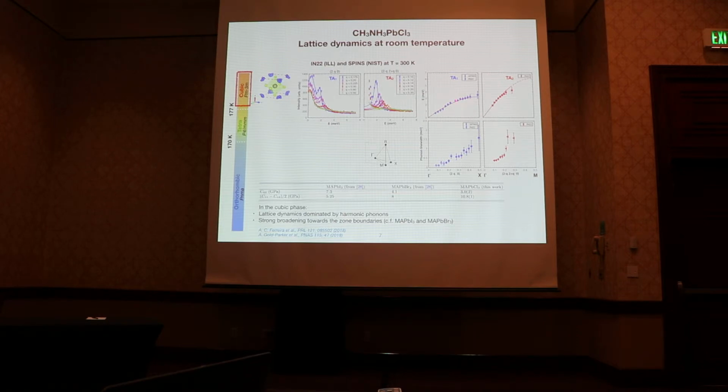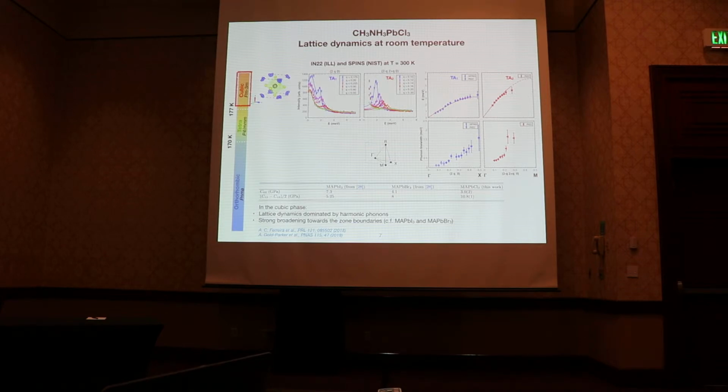The slope of TA1 is related to the elastic constant C44, and TA2 is related to the corresponding elastic constant. In this table, I summarize the elastic constants that were extracted in the iodine and bromine compound, and these are the values that we have extracted in the chlorine compound.